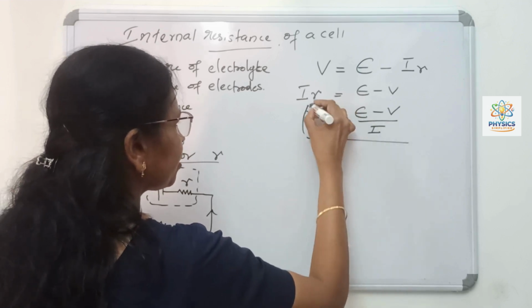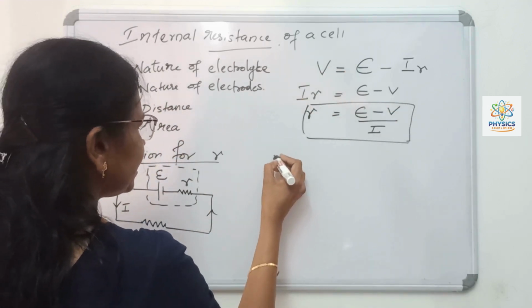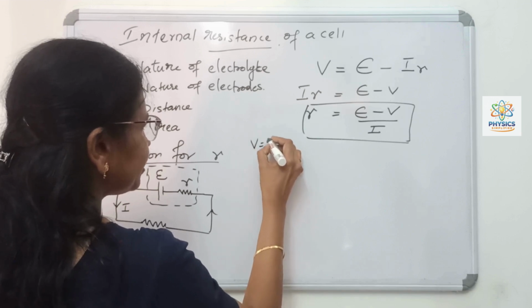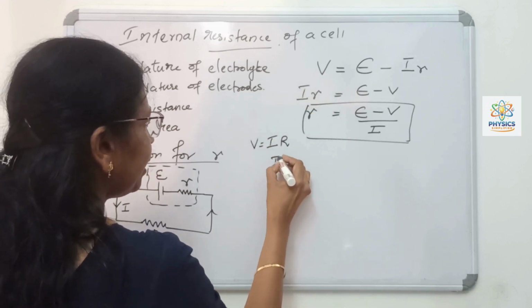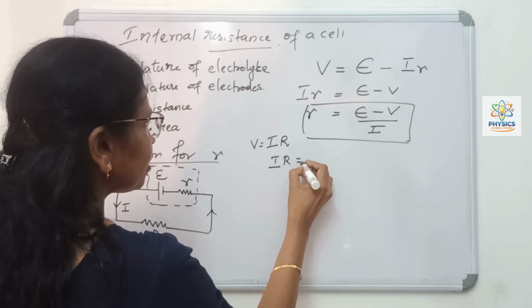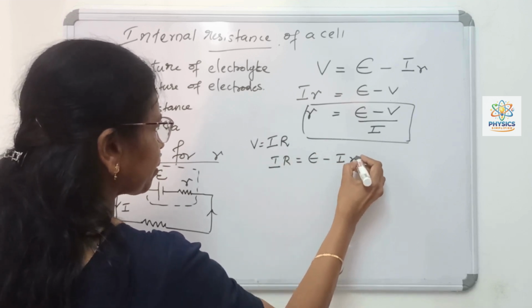This is one relation. And the second case, you can write if V is equal to I into R, we can write IR which is equal to E minus I into r.